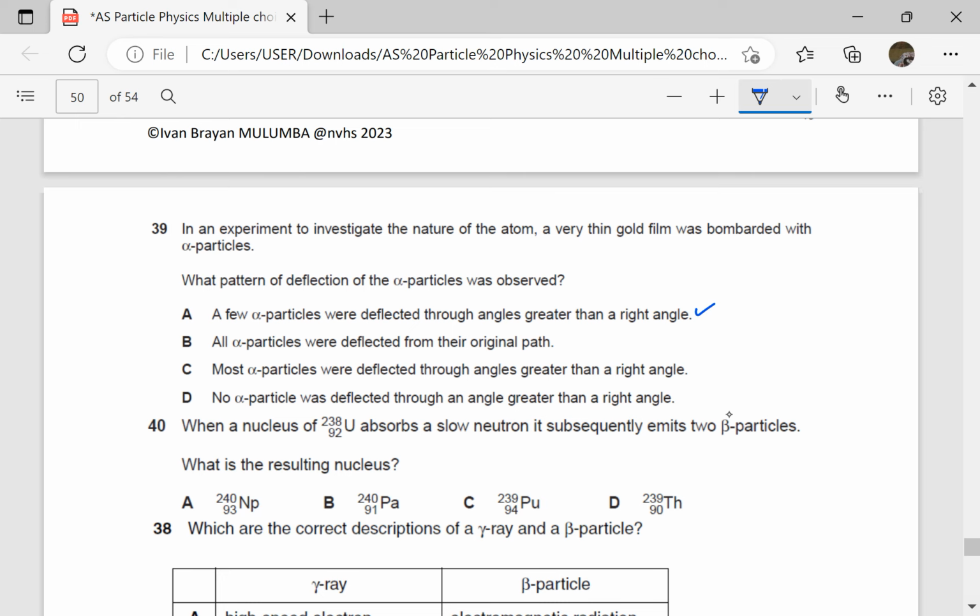Most alpha particles were deflected through angles greater than a right angle? That is not true. No alpha particle was deflected? That's not true. So the most appropriate answer is going to be A. Even though the second one says all alpha particles were deflected from their original path, not all were. Those which were very far from the nucleus could have passed through without being deflected.